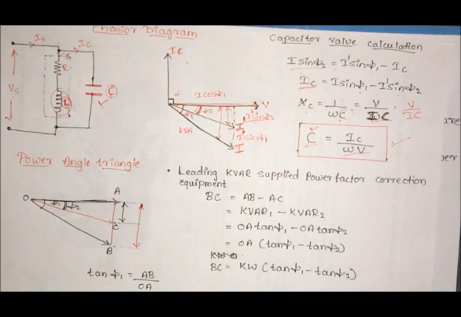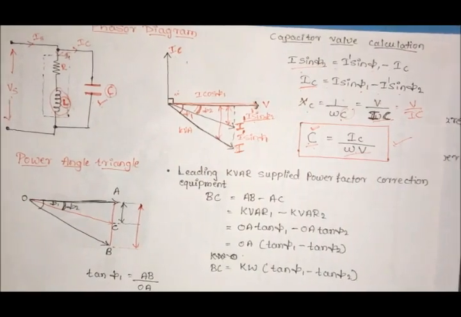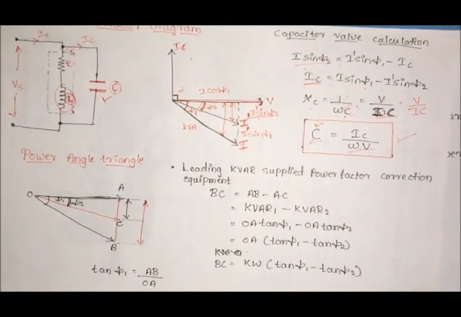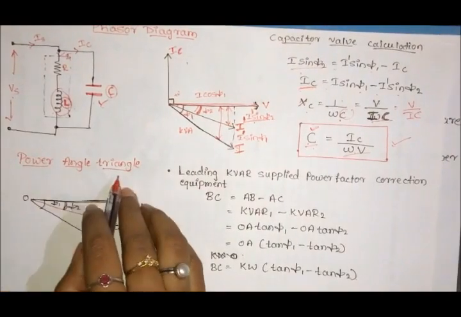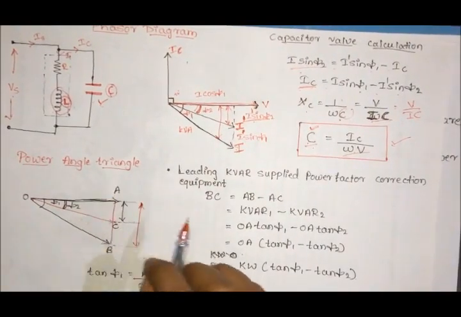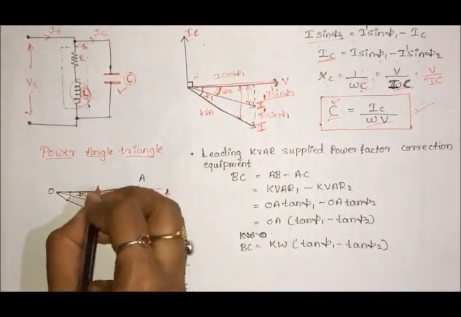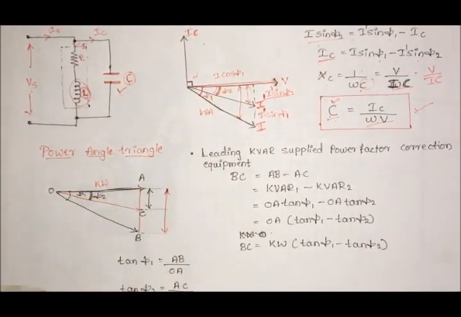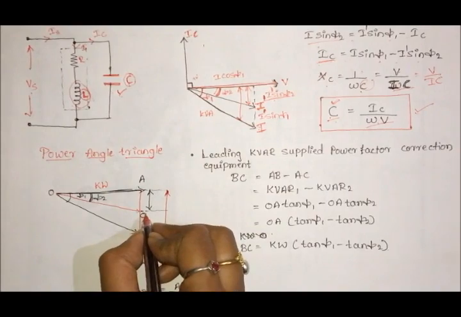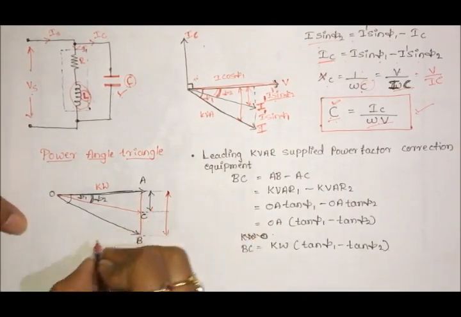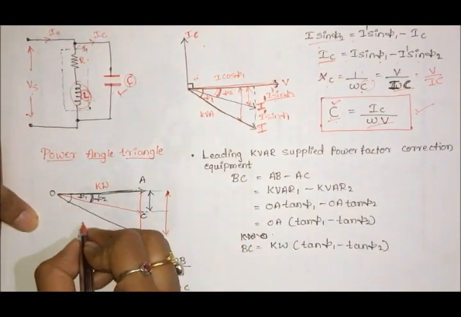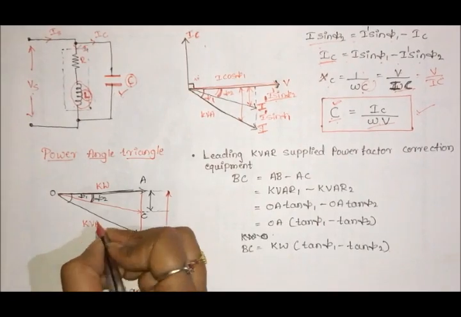Next I am going to draw the power angle triangle. So this is our power angle triangle. This I can call kW, active power, this is my reactive power, and this is my apparent power.